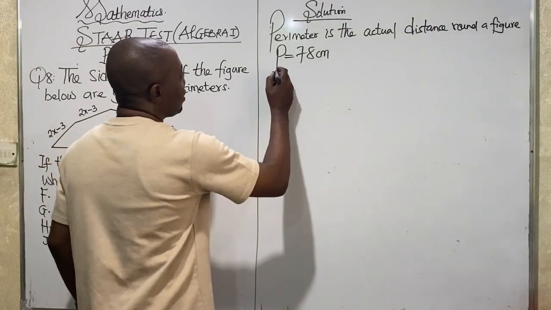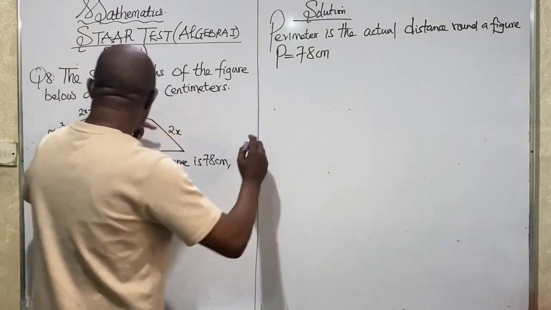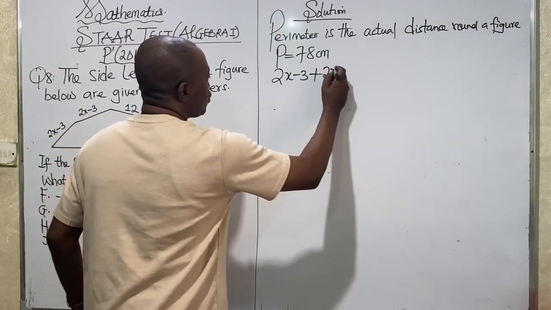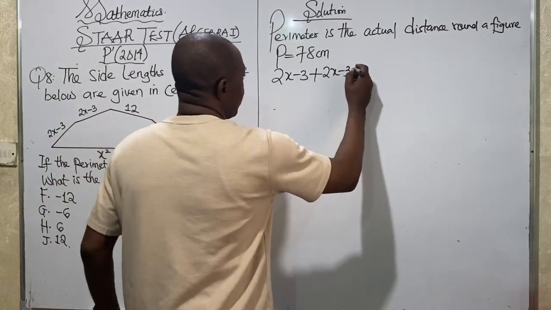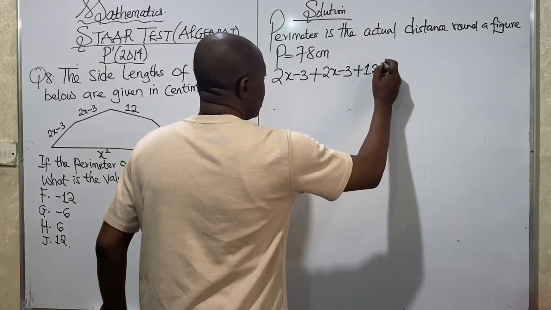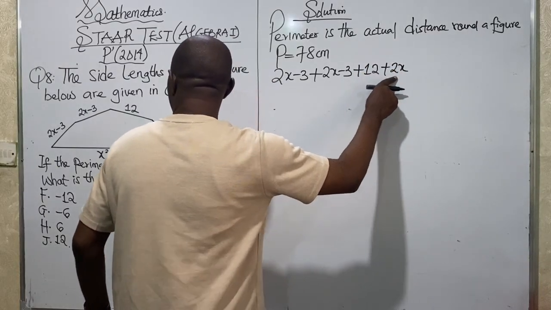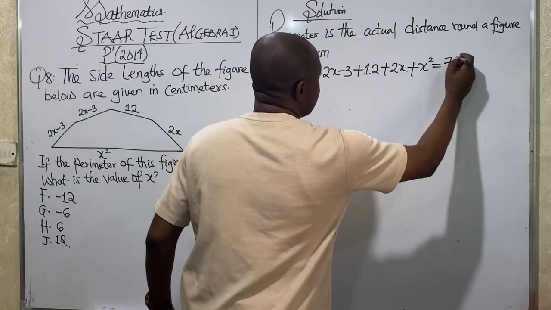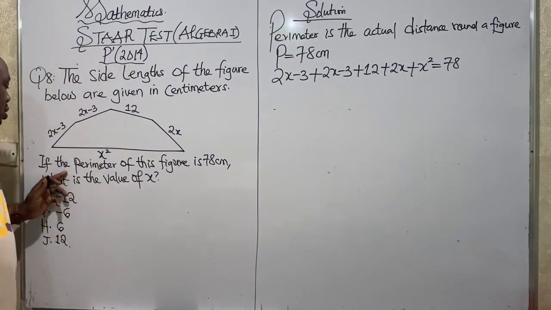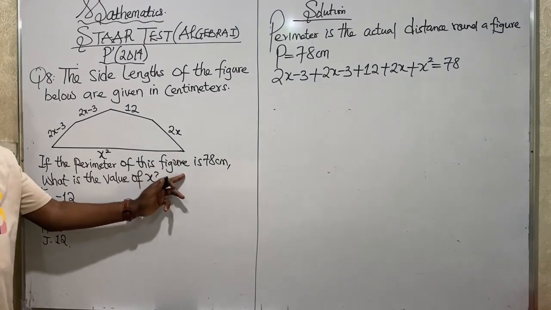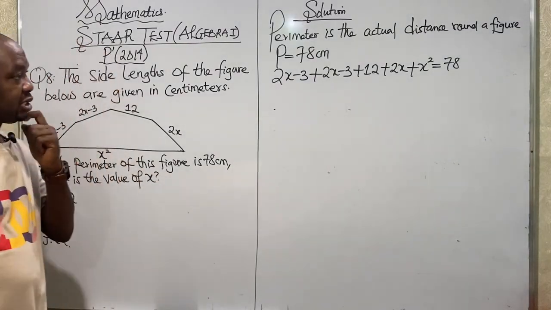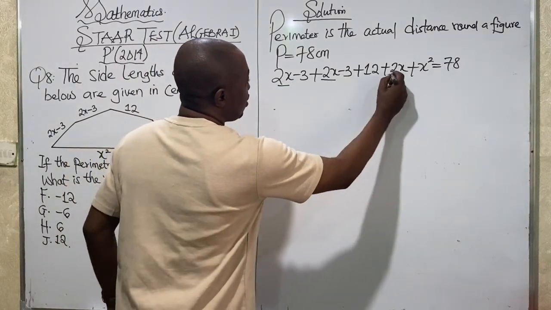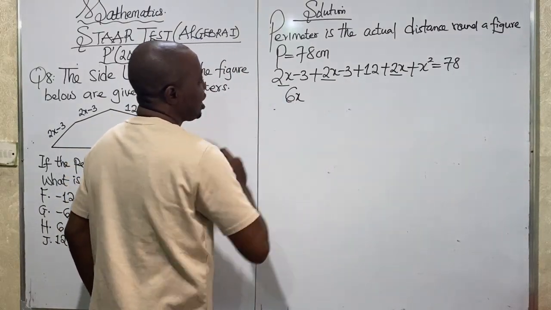All right, so we're going to add all the side lengths. So we have 2x minus 3 plus 2x minus 3, plus 12, then plus 2x, then plus x squared equals 78, because it says the perimeter of this figure is 78 centimeters. Now 2x plus 2x plus 2x will be 6x.